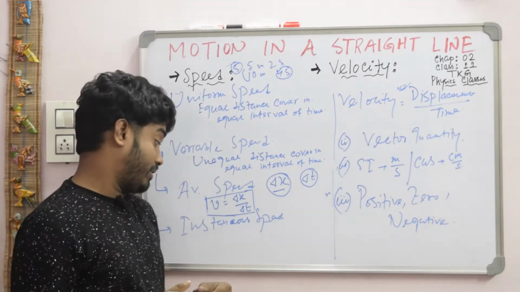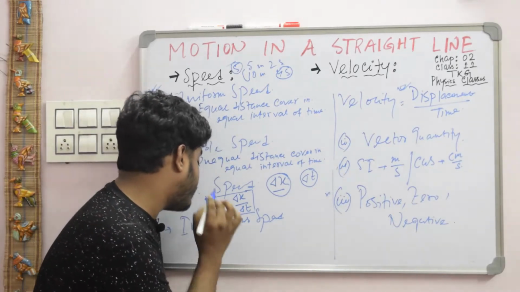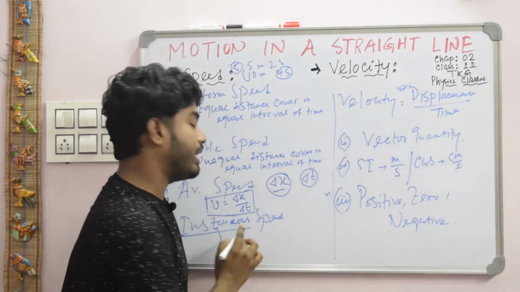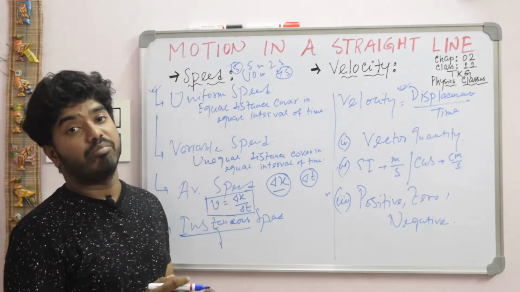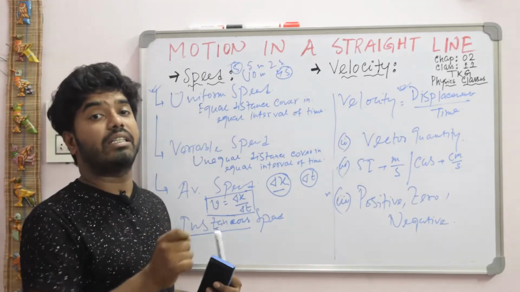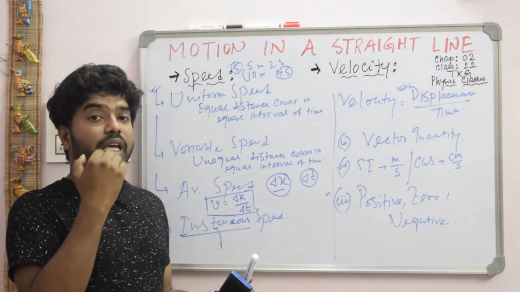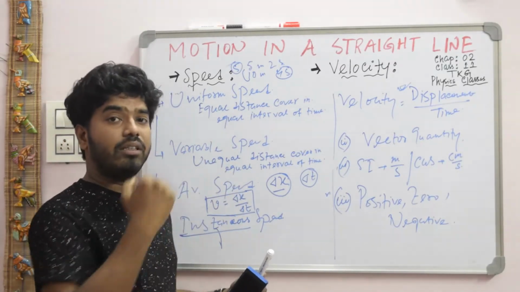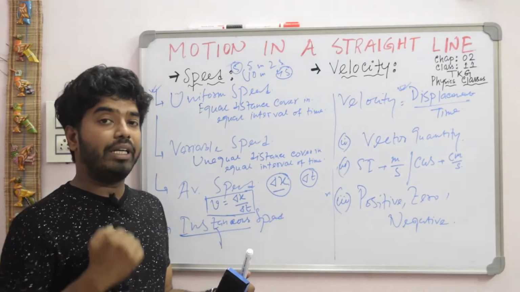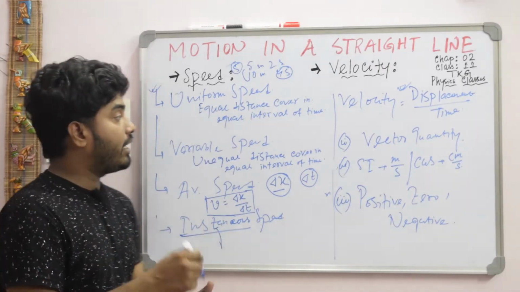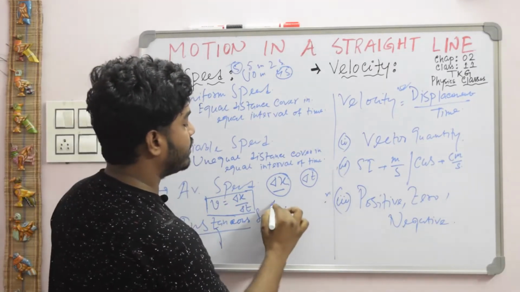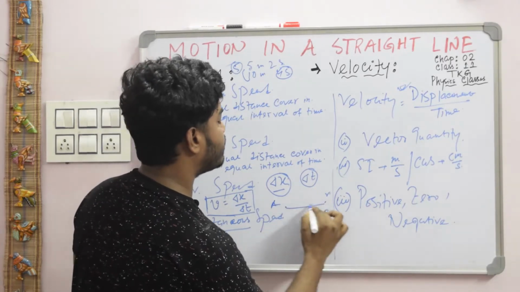This is an important part. Just look at the word instantaneous. Instantaneous means at a particular instant, at a particular point. Suppose a car is moving from point A to B, and in between there is a point C.